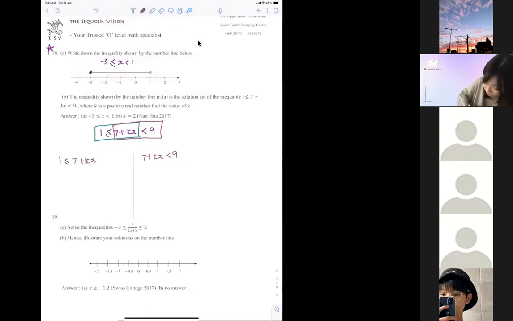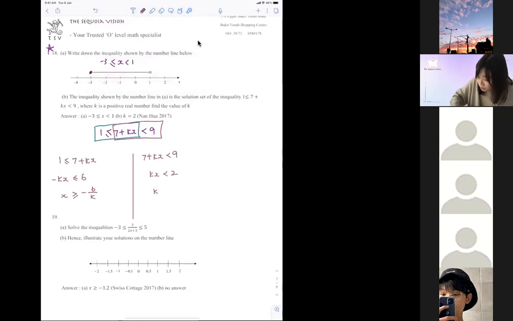So, we can flip this first, okay? So plus bring over minus, plus bring over minus, X will be bigger than or equal to -6 over K. Okay, the next side, Kx is less than 2. 9 minus 7 is 2.